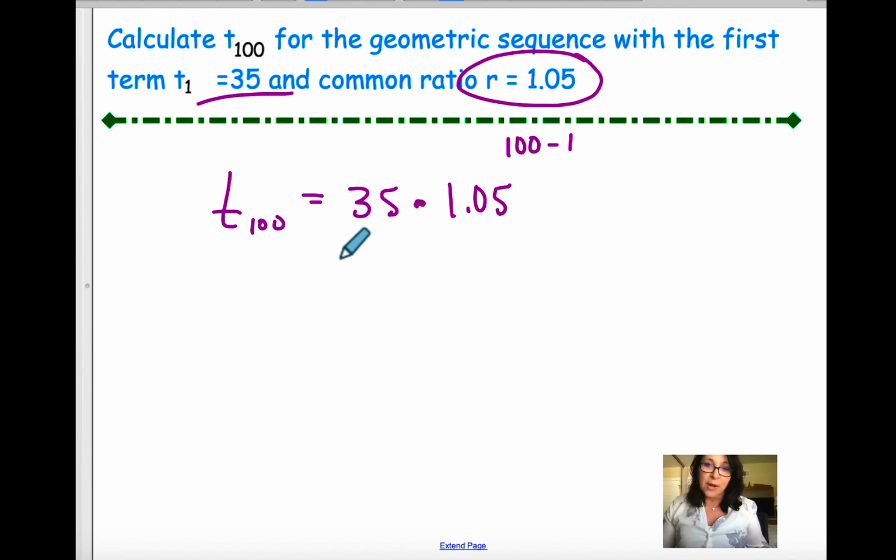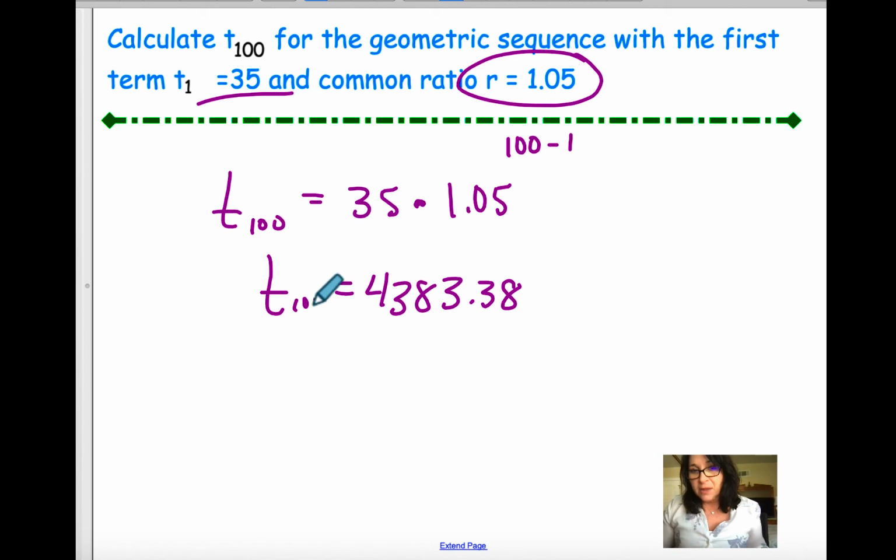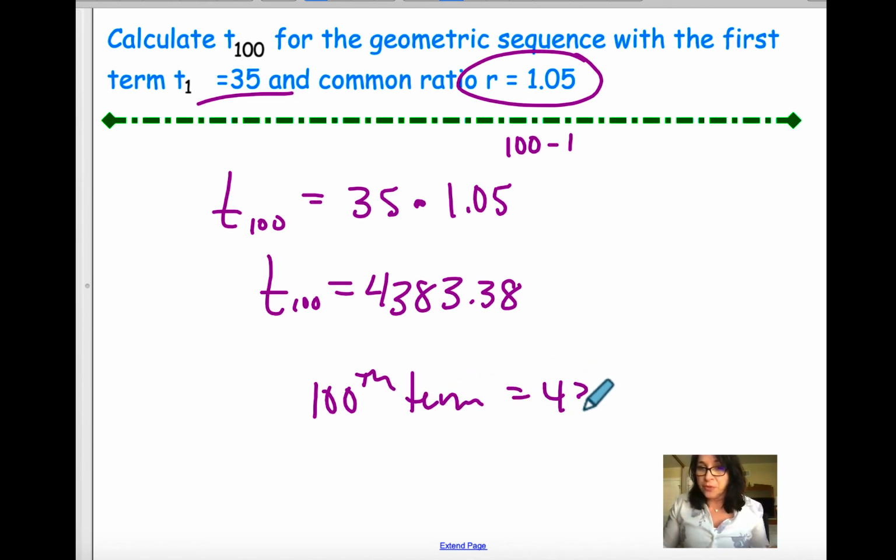Taking that number and multiplying it by 35, I get 4,383.38, and that equals t of 100. So that means the 100th term is equal to 4383.38. That's what that means.